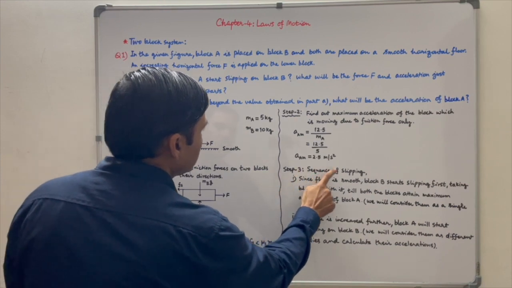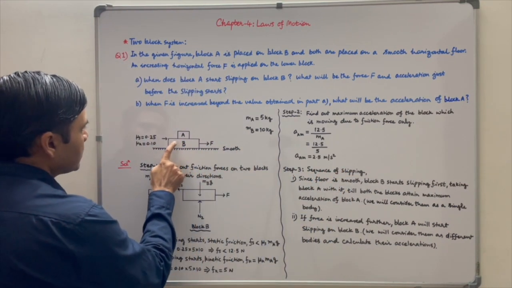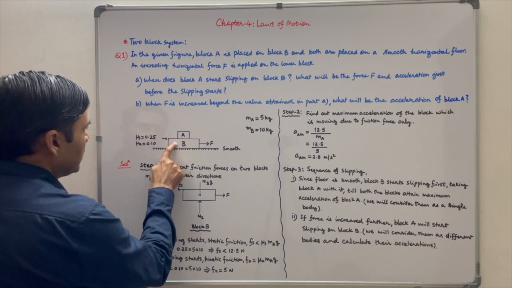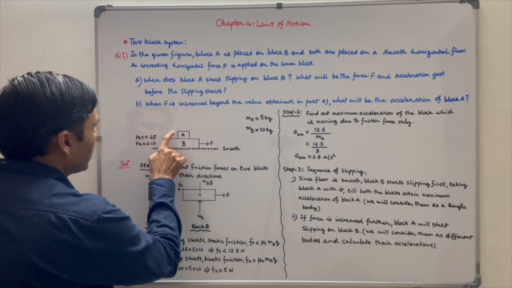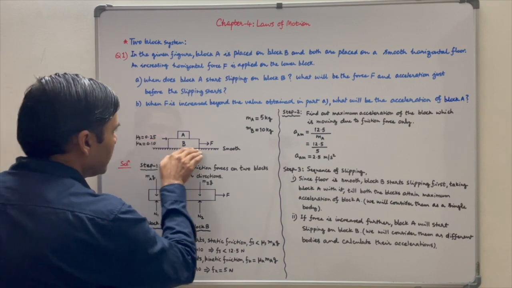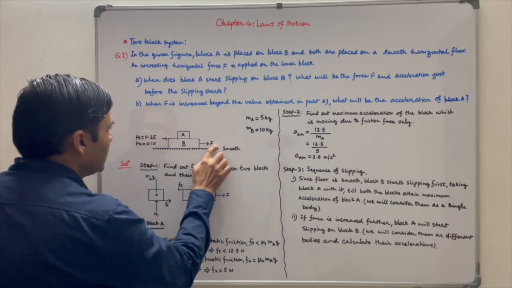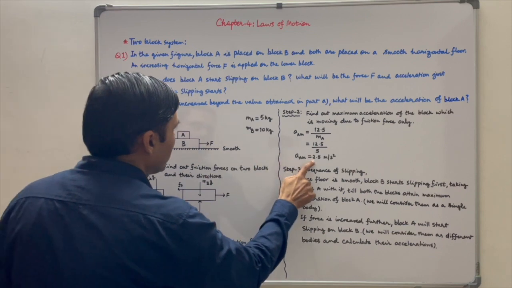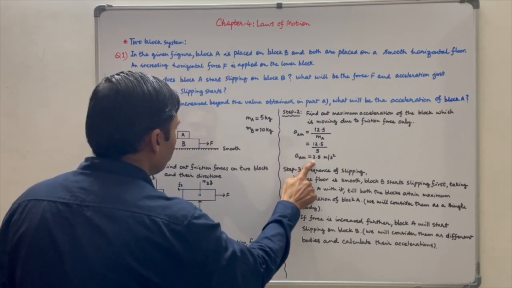Third step, sequence of slipping. Block B is kept on smooth floor, so it will start slipping first with block A on it. Both blocks combined will start accelerating due to increasing force till their acceleration is 2.5 meter per second square.